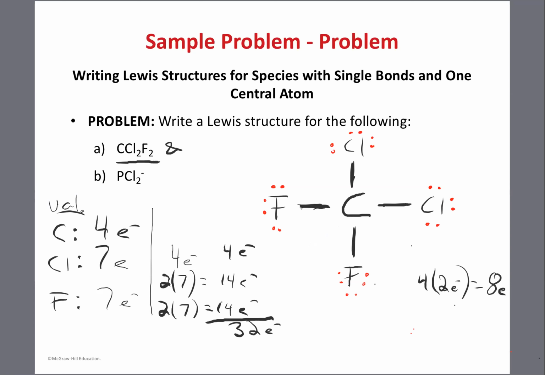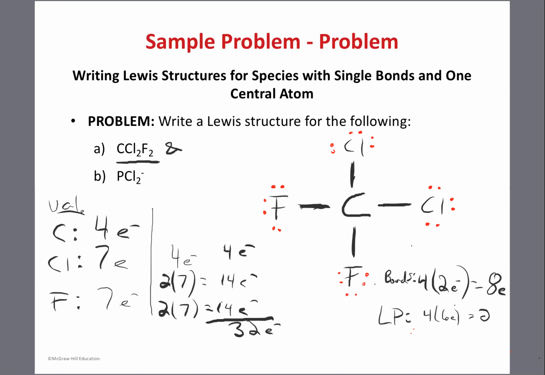We can see that here. The next question is, have I used the correct number of electrons? I think this is going to be right, but we need to double check. The bonds have used 8. Now what about our lone pairs, the red ones? There are 6 red dots on each of the 4 peripheral atoms.